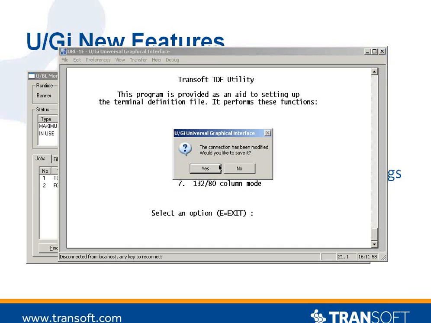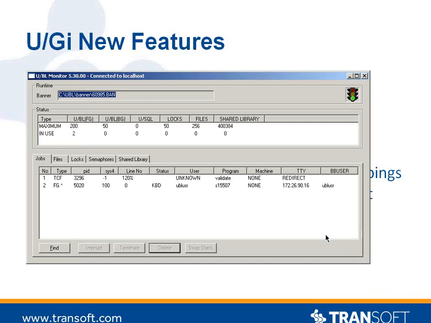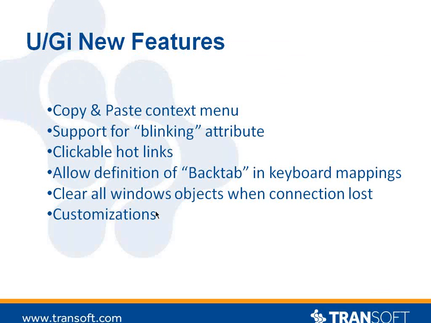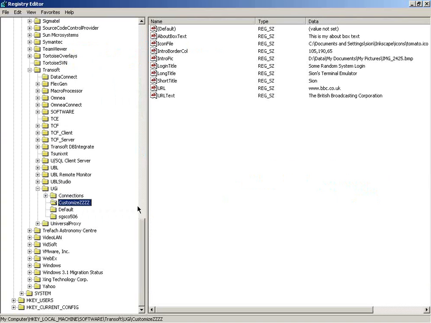Okay, so the customizations, oh, I don't really want to save that. The customizations, so to control that, you need to go into the registry, bring up the registry editor.